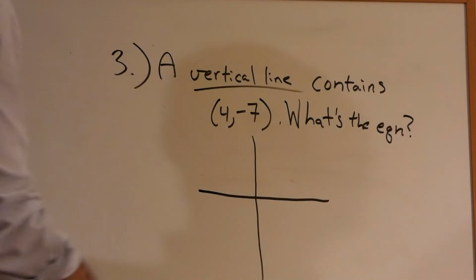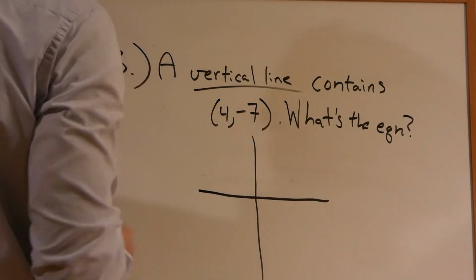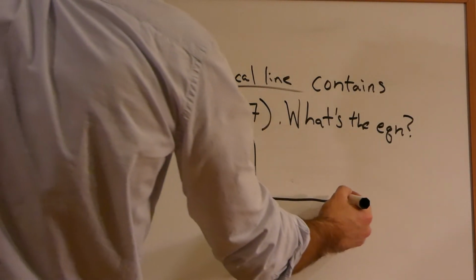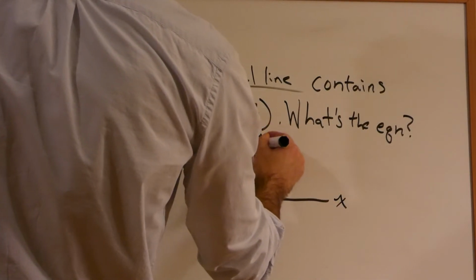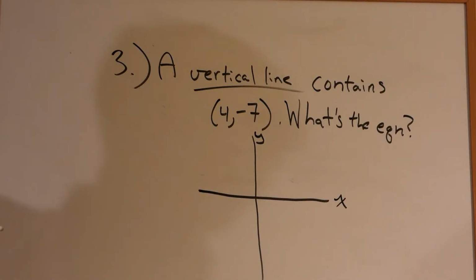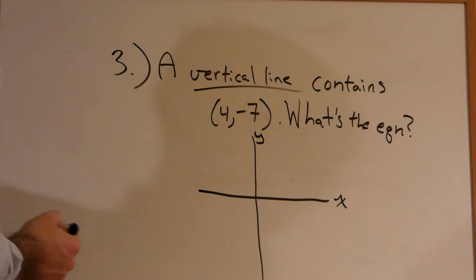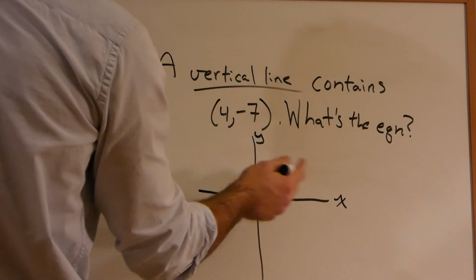So we're given some kind of information right here. We're given some kind of number, so we're going to probably use that information. And I'm going to draw an x and a y axis in order to represent this point better, to see what's going on here. So we're given the point 4, -7. We're looking at our graph right here.